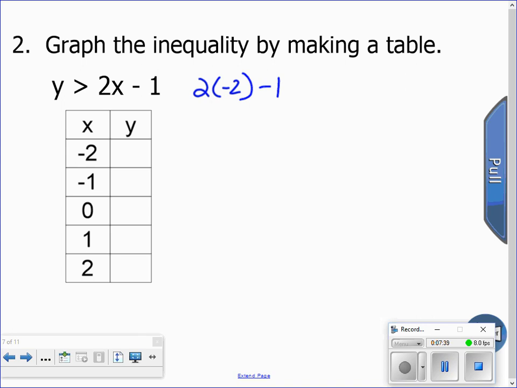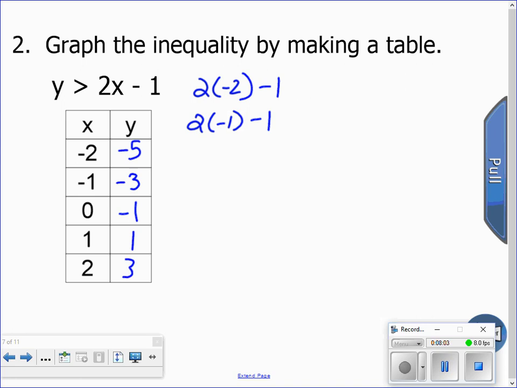But 2 times -2, that's -4, minus 1 is -5. We've got -1, so 2 times -1 minus 1, that's -2 minus 1, which is -3. If I plug in 0, that'd be -1. And then we have 1. And then we've got 3.